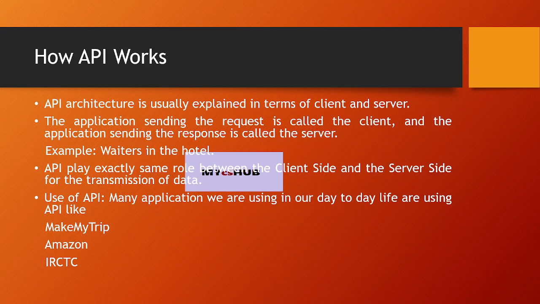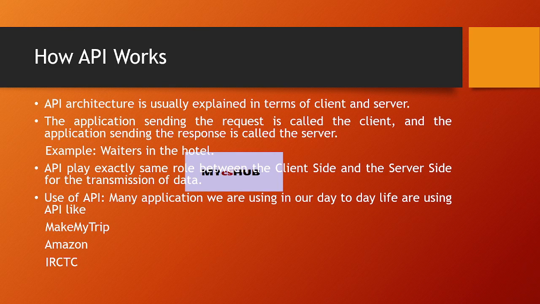Now let's see a real example which we come across in our day-to-day life. Like waiters play a role in a hotel, in exactly the same way an API plays the role between the client side and the server side for the transmission of data. Let's say when you visit a hotel, you have your menu on the table, and from that menu you give the order to the waiter, and then the waiter passes that order to the kitchen staff.